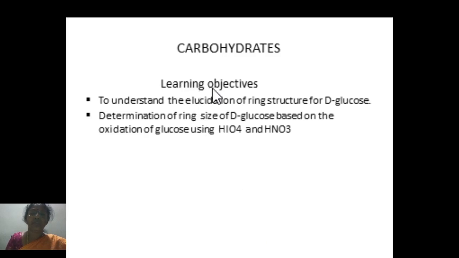Learning objectives of this session is to understand the elucidation of ring structure for D-glucose, determination of ring size of D-glucose based on the oxidation of glucose using HIO4 and nitric acid.